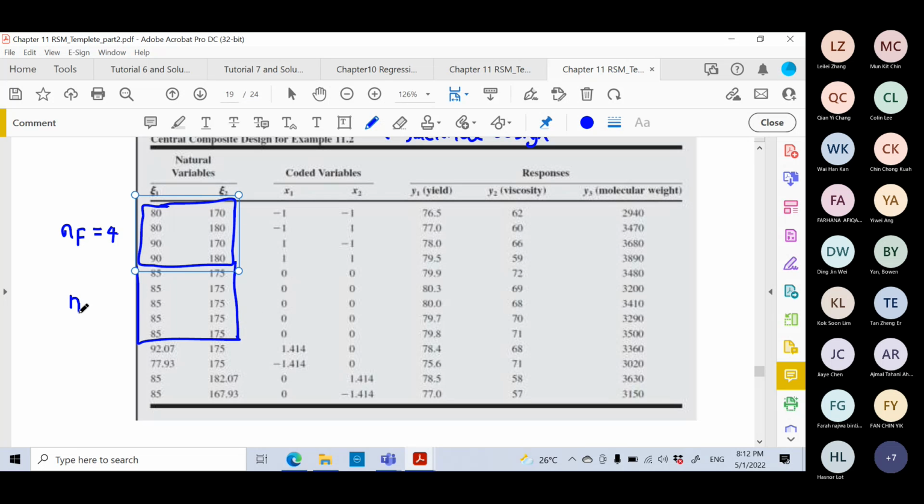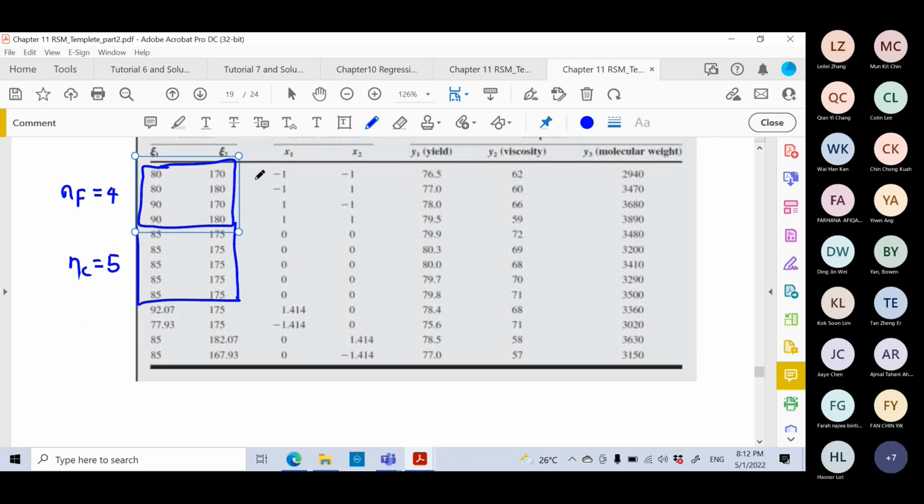The number of center points will be equal to 5. You also have another one, called the auxiliary points, which will be given by these 4 values here.